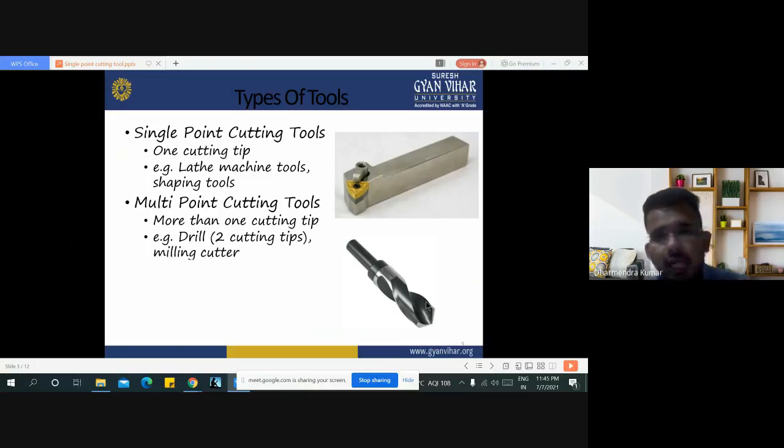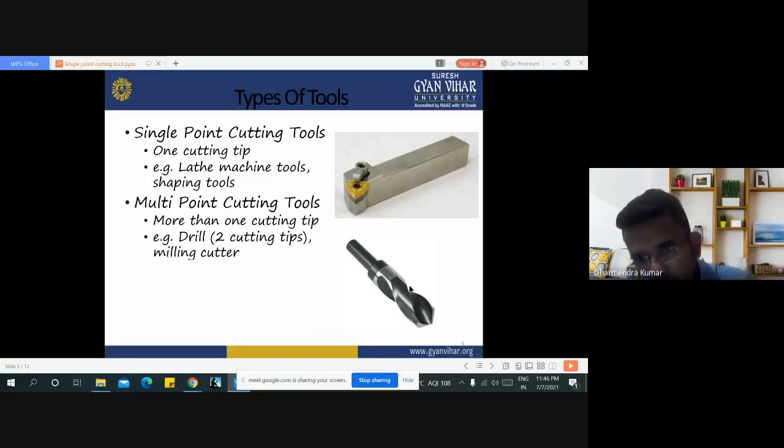On the other hand, a multi-point cutting tool consists of two or more than two cutting edges. Like in this picture, you can see that there are three cutting edges. One, two, and here is the third one. We have seen two cutting edges in the drill bit.